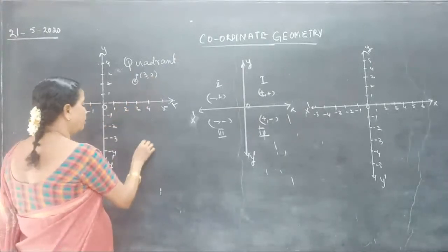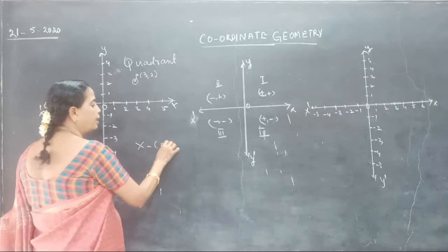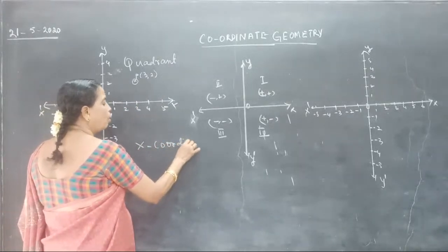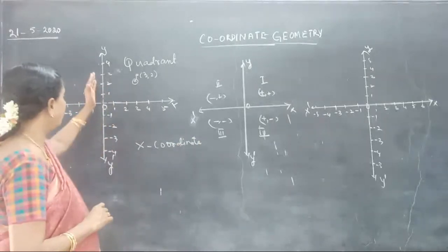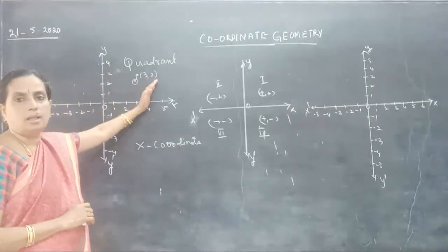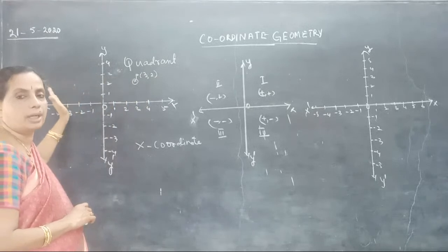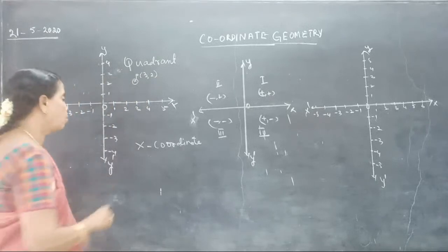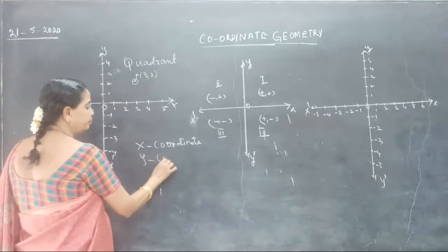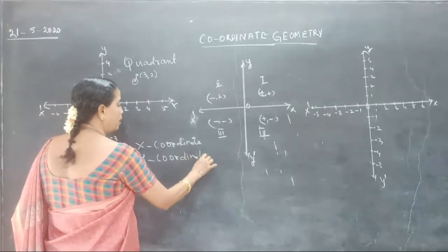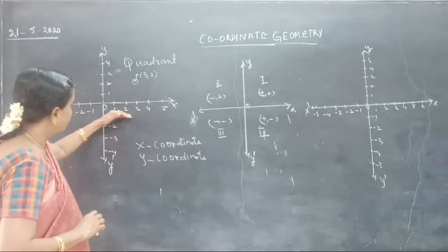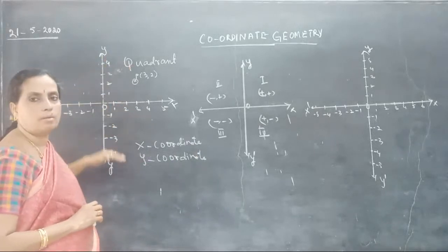It's a new term here, x coordinate. X coordinate is the perpendicular distance from the y-axis to the right side or to the left side. Y coordinate is the perpendicular distance from the x-axis to above or below.